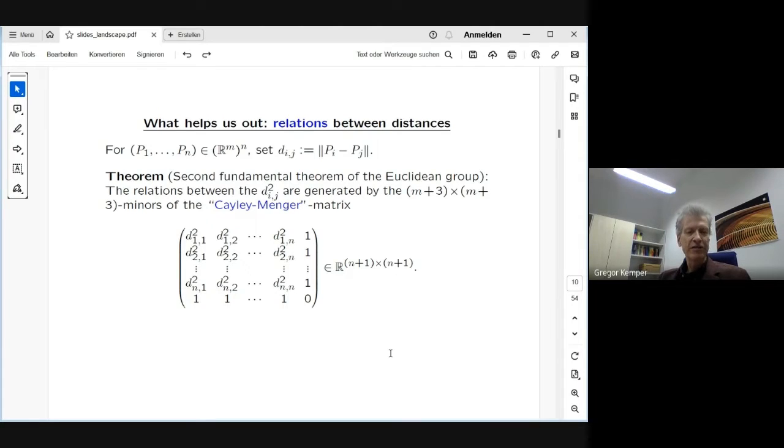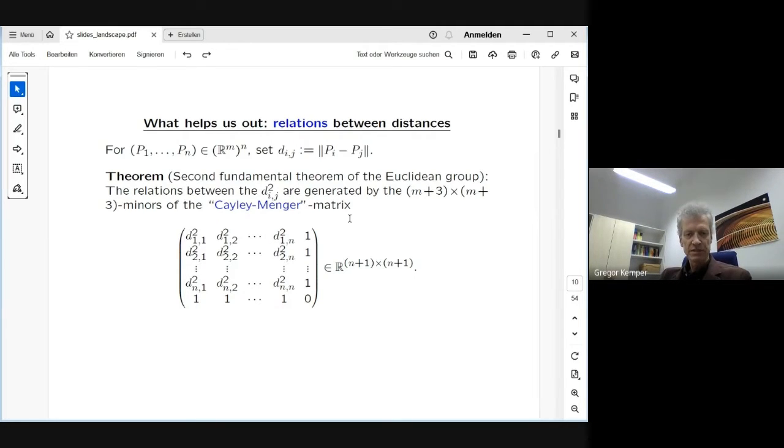And here they are. So we might formulate the relations that are satisfied by the square distances between the points, now n points in m-dimensional space, the relations that are satisfied by them by minors of the so-called Cayley-Menger matrix.